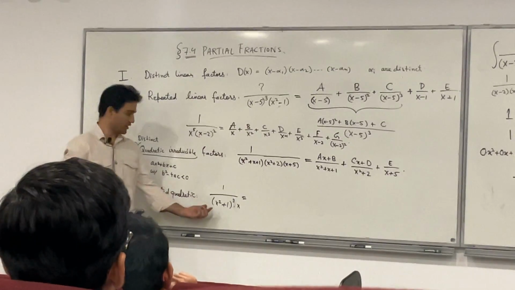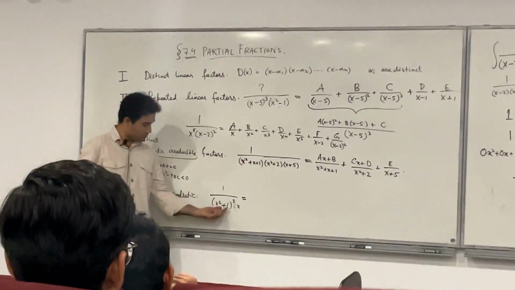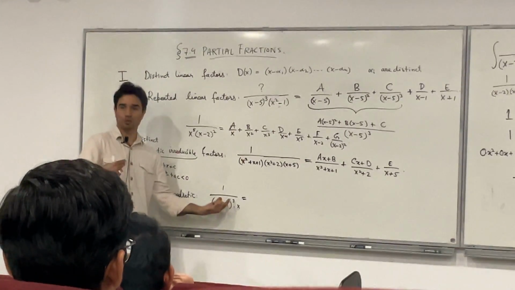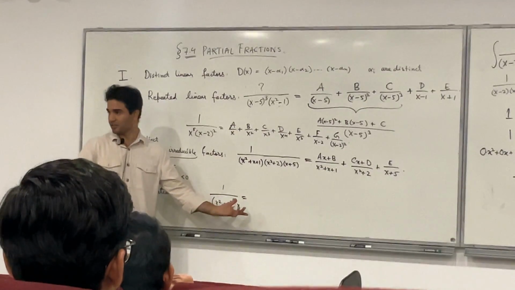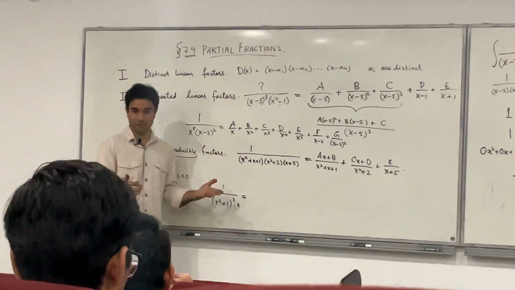No, it's the same sort of thing. An irreducible quadratic gets a linear term, right? But it is being cubed. So first it gets a linear term, then its square gets a linear term, then its cube gets a linear term. Just like with the linear factors.